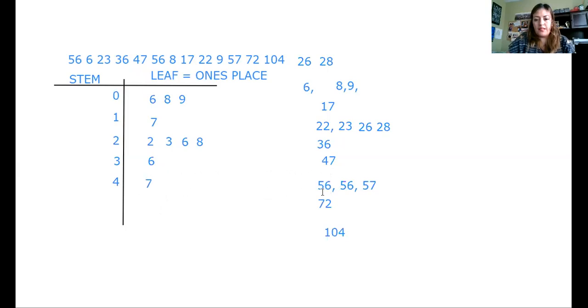Then I have a 56, another 56, and a 57. So I have the 5 on the tens place, and then I'm going to put the 6 for 56. And remember, since I have two 56s, I need to type another 6 for my other 56, and then a 7 for my 57. 72.